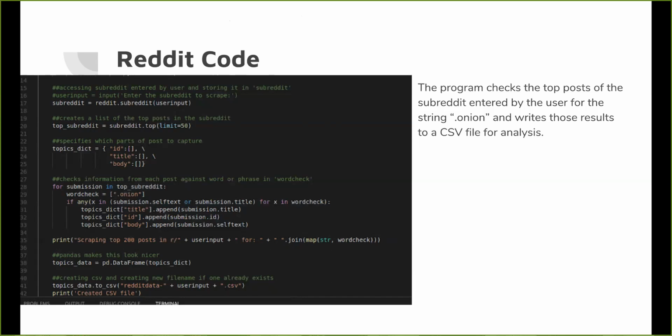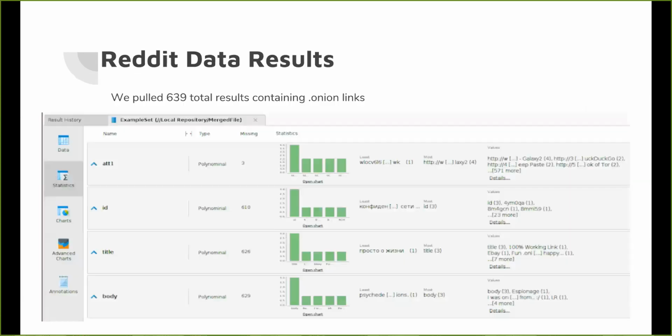And we are filtering by the string .onion in an attempt to find posts that contain that string in the subreddit we're looking at. From there, we are printing that out to a CSV file and creating a different file for each subreddit we're looking at to help with the data analysis. That's about it.